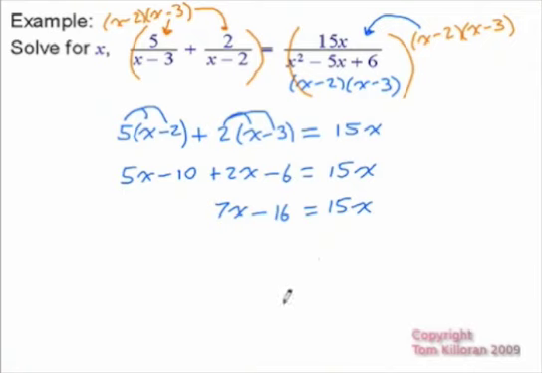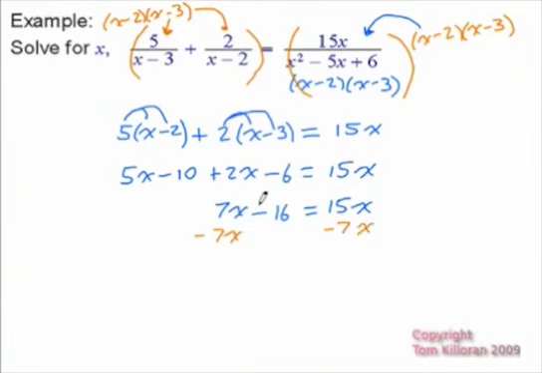The next step after combining the like terms is getting the x's on the same side of the equation. You could move the 15x over here, but it doesn't seem like it would work out really well. Probably be better if we move the 7x the other way. Since it's a positive 7x, we're going to subtract it from both sides.